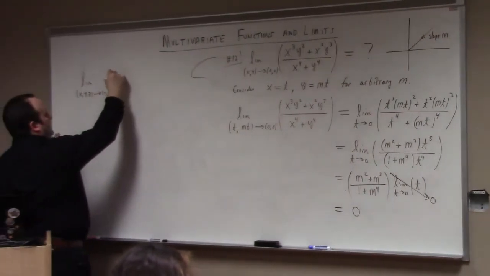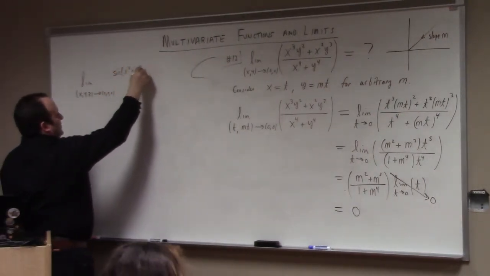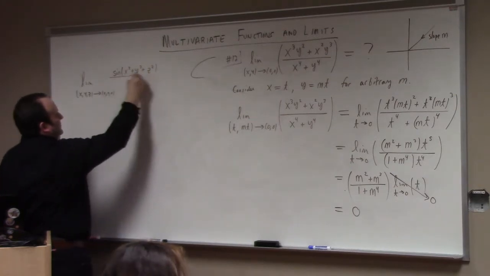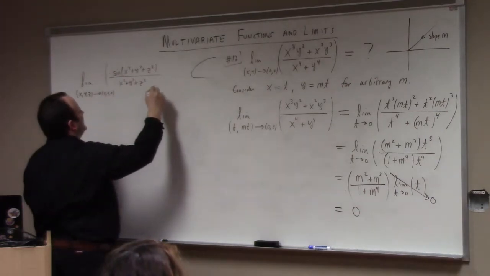Here's a squeeze theorem one. If I was to ask you the limit of (x,y,z) going to (0,0,0) of x squared plus y squared plus z squared times sine of 1 over x squared plus y squared plus z squared.